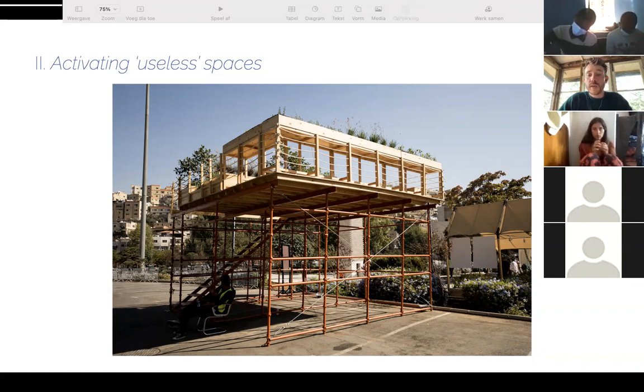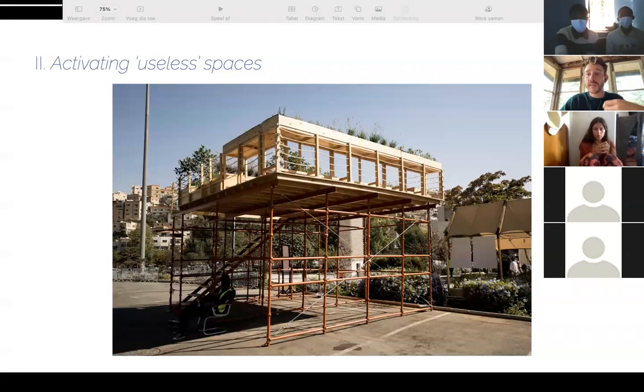The idea is that you can basically double the surface that you use. You park your car underneath, the car stays cooler, doesn't heat up that much. And in the meantime, you can also grow vegetables on top of it. So it's a bit of a doubling of useless space.